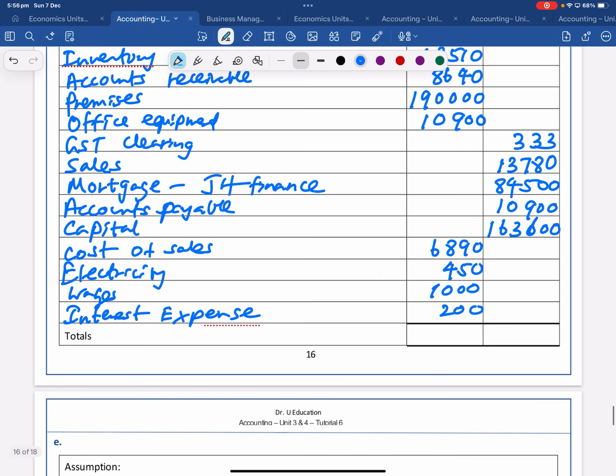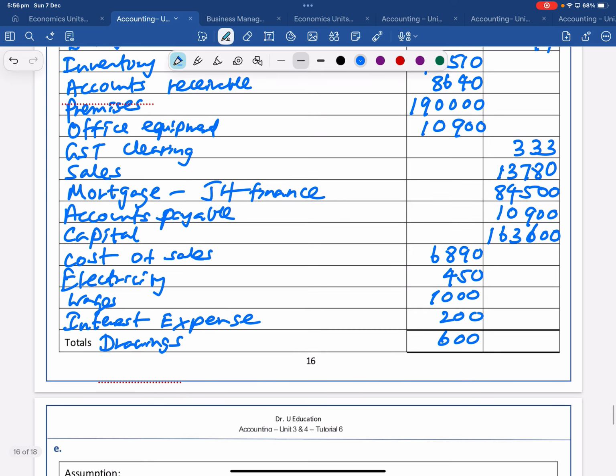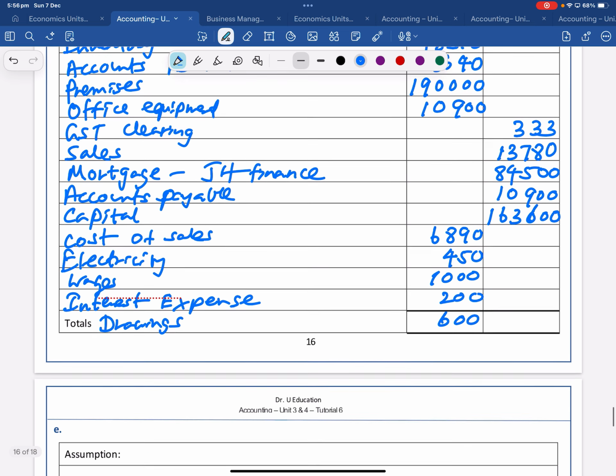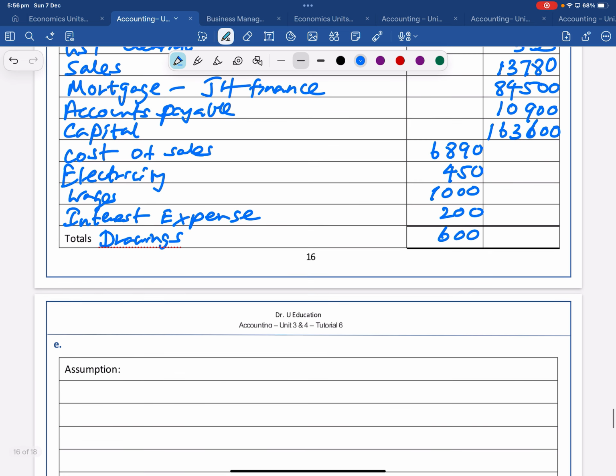Drawings. 600. Debit. Prepaid advertising. 6,000. Debit. Is that all?